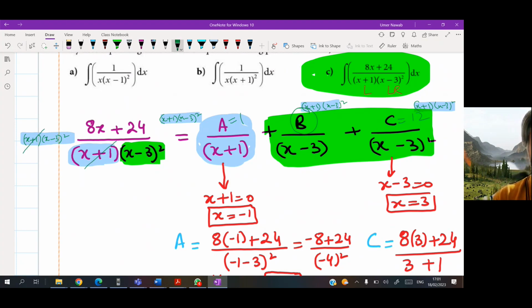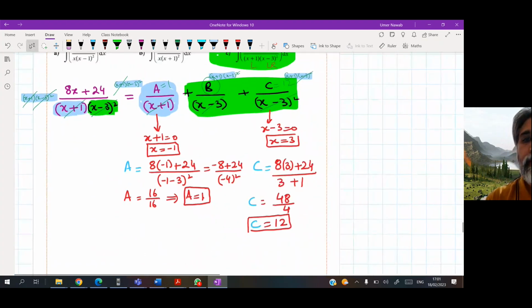Now x plus 1 cancels with x plus 1, and x minus 3 cancels with both of them. Now, what is left to me? I'm left with 8x plus 24.